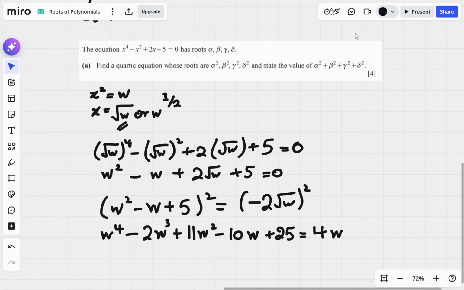Now you can just take it towards the other side. W power 4 minus w power 4, sorry.